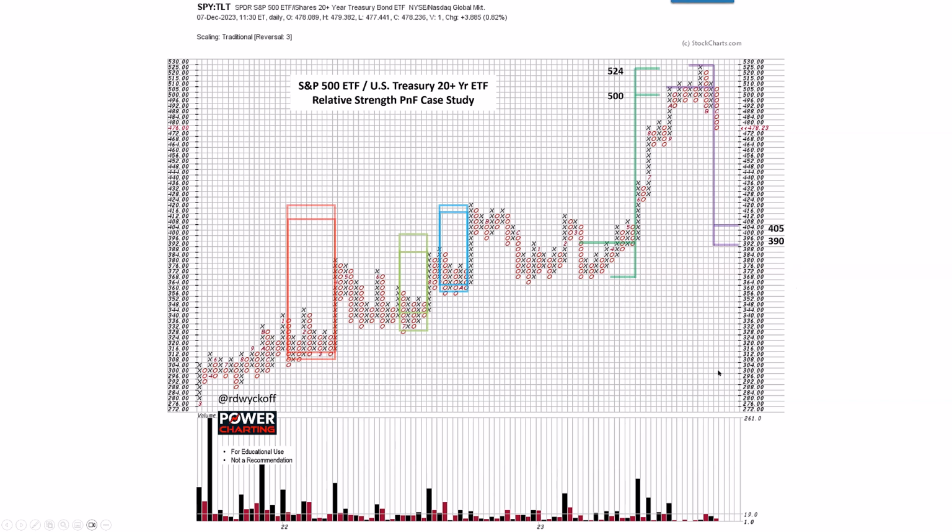Normally the stock market in recent years has outperformed the bond market. And now all of a sudden the bonds are the asset class that's outperforming and could become the asset class of choice, especially if we get a slowing economy.